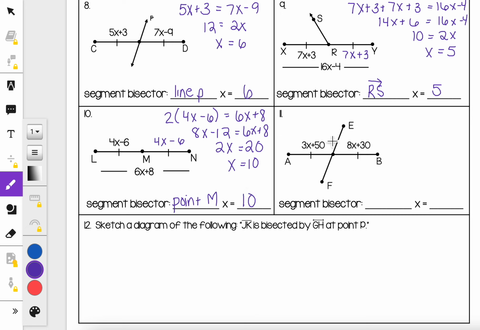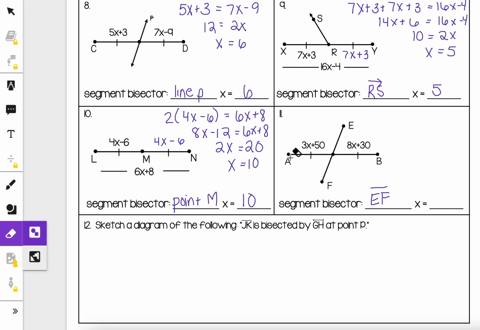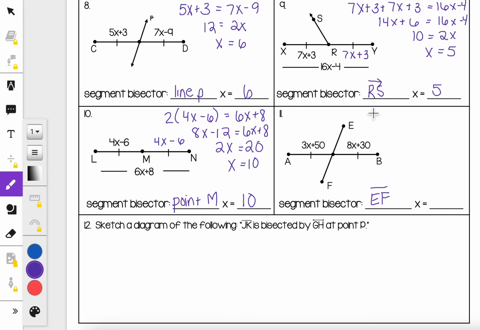And in our last one, our segment bisector here also is a segment. We can say that segment EF is bisecting segment AB. Now I don't know that these two are congruent, it doesn't tell me that information, but I do know that this segment here is congruent to this segment here, so we're going to set those equal.